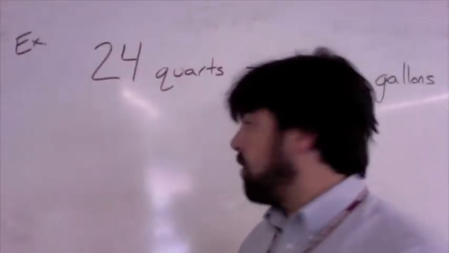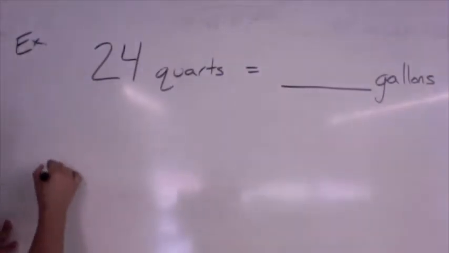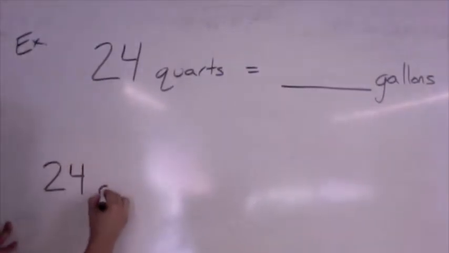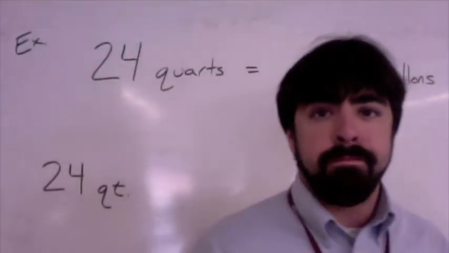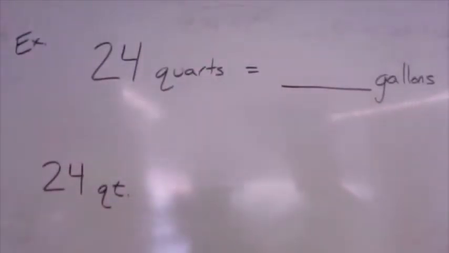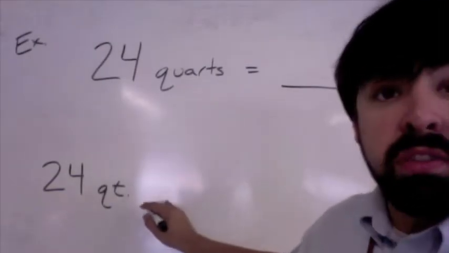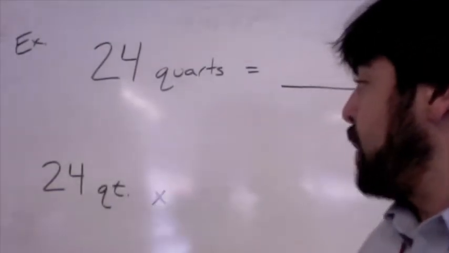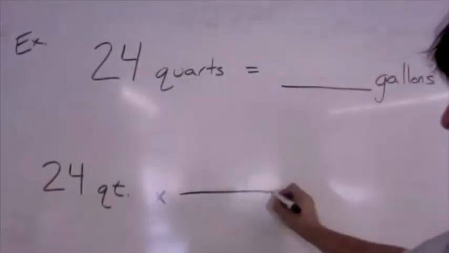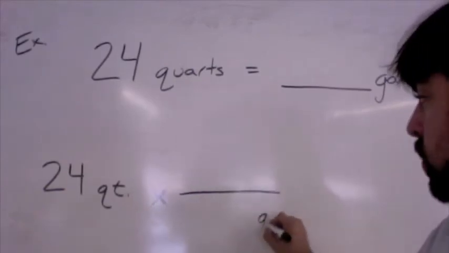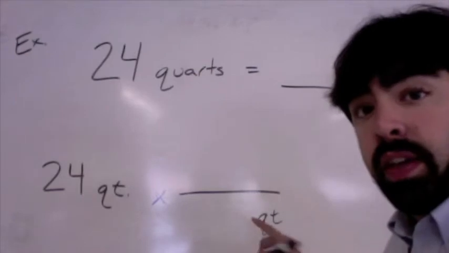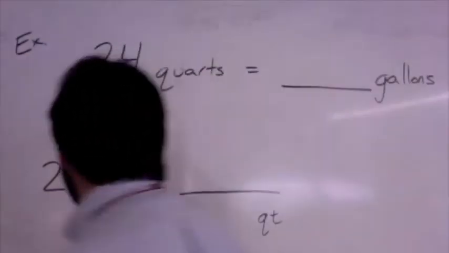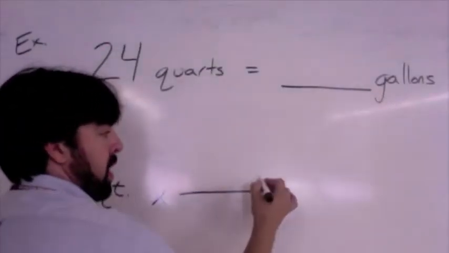Again, start off by writing down here what you have. I'm going to abbreviate quarts with QT. You're going to then need your conversion factor, so you're going to multiply it by a conversion factor, which has what you're trying to get rid of on the bottom, just like this. And what you want will be on the top.